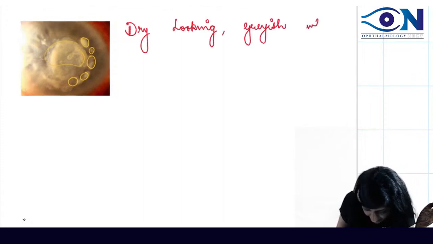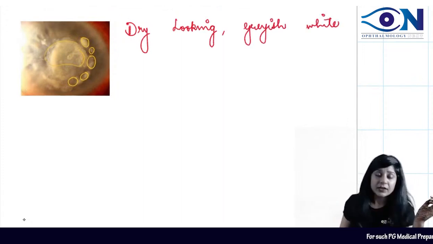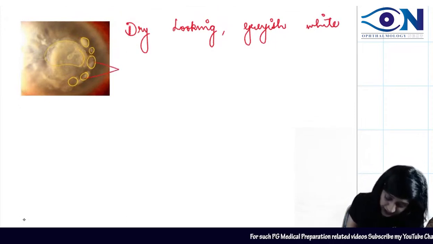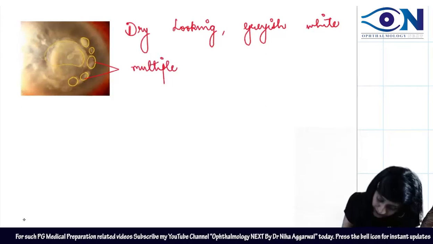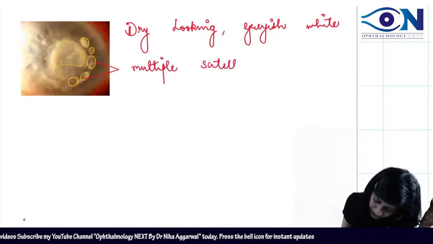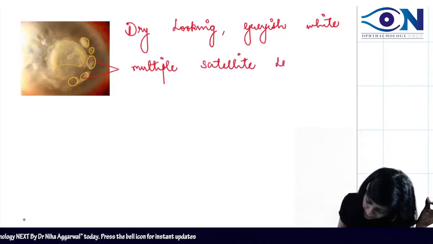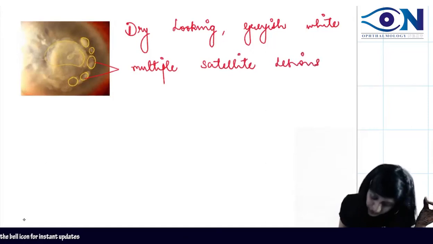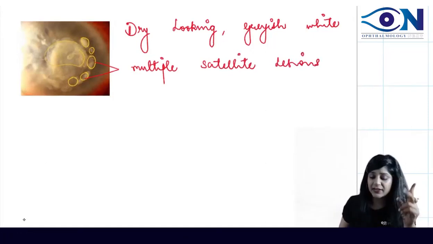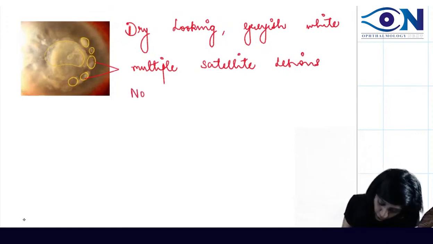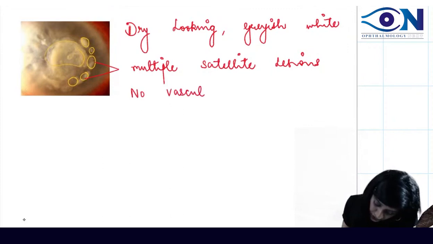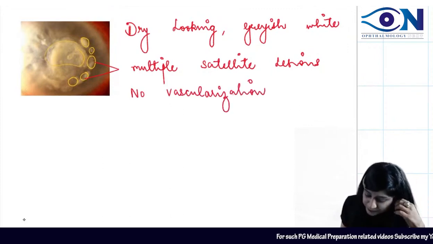Then you can see these are your multiple satellite lesions. Dry looking, grayish white, multiple satellite lesions, and we have no vascularization.